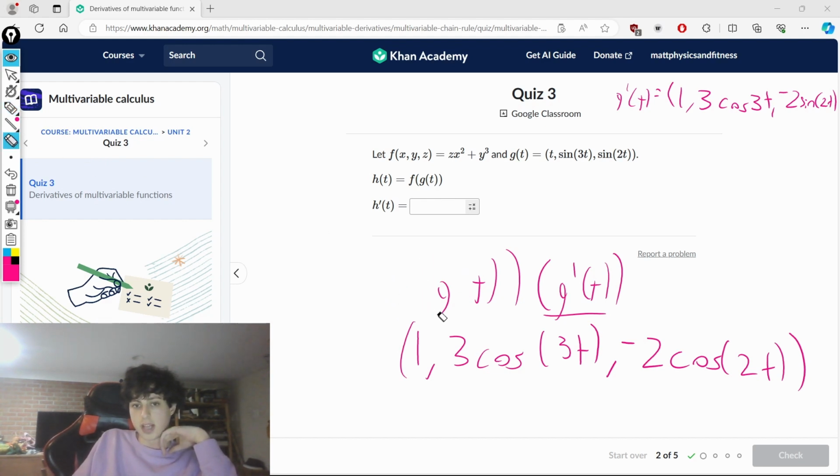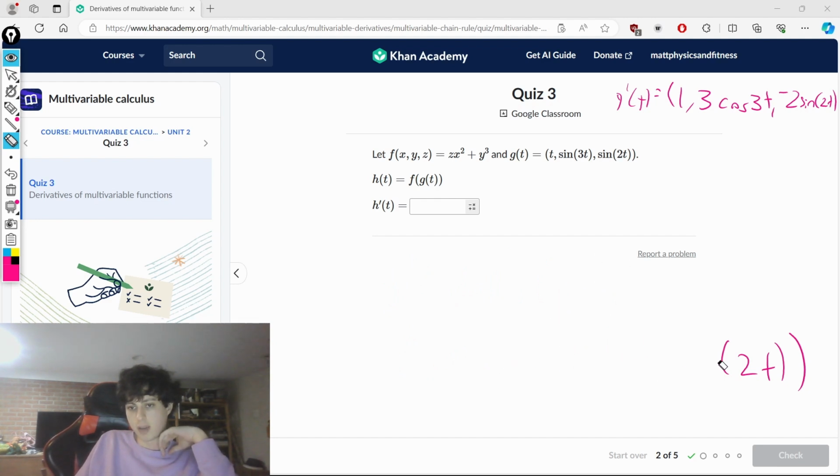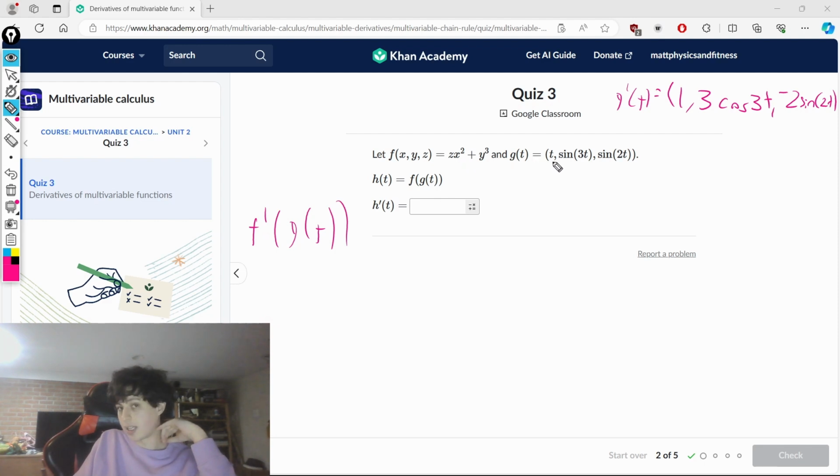f prime of g of t, that's what we're looking for now. Let's write it out to be a little clearer. We want to plug g of t into our f prime. So what's our x value? Our x value is t. Our y value is sine of 3t. Our z value is sine of 2t. So let's rewrite x, y, and z as the values we're plugging in.